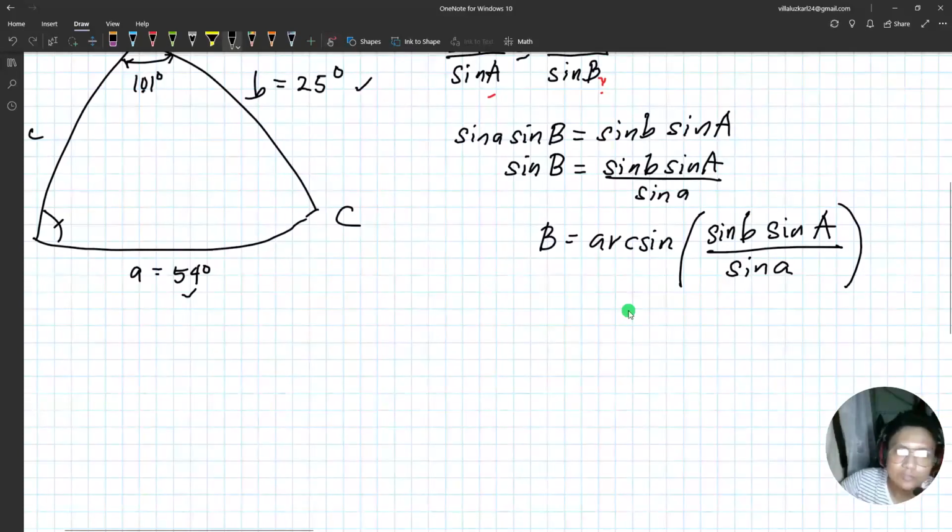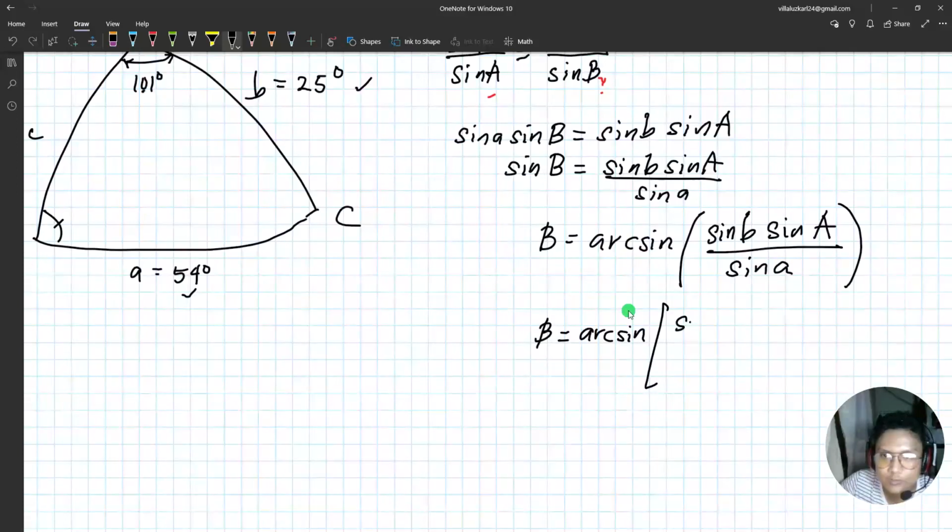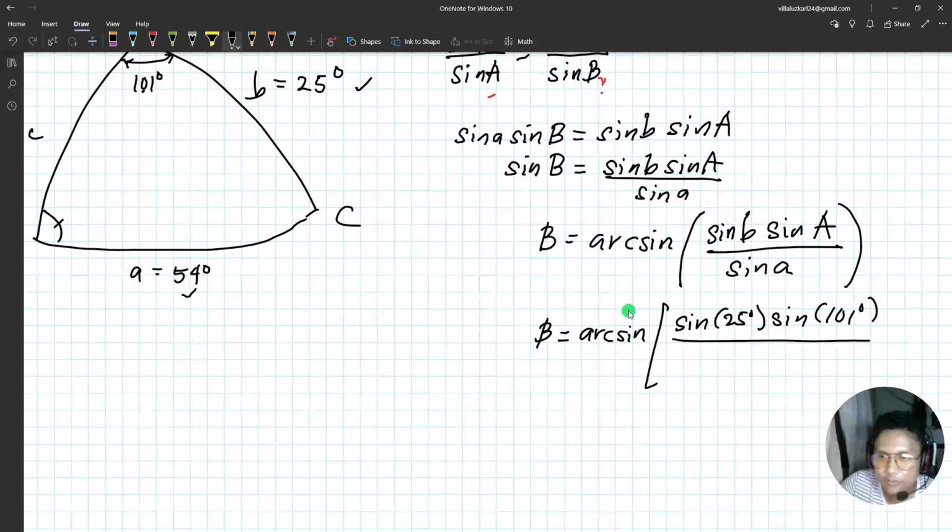We have angle B equals arc sine of sine 25 times sine 101 divided by sine 54 degrees.